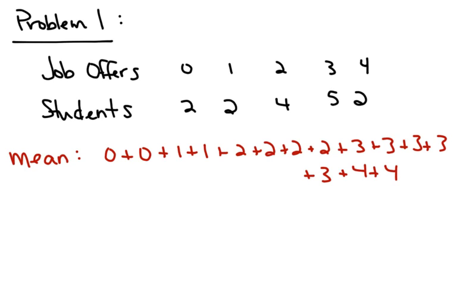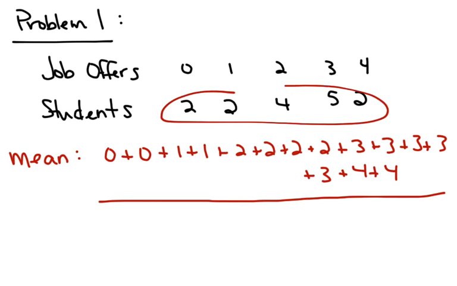Now I realize I did not actually have to write down that many numbers, but you have to be careful because you have to know what you're actually dividing by. We're dividing by the number of students, which if you count up, 2 plus 2 plus 4 plus 5 plus 2 is going to be 15.